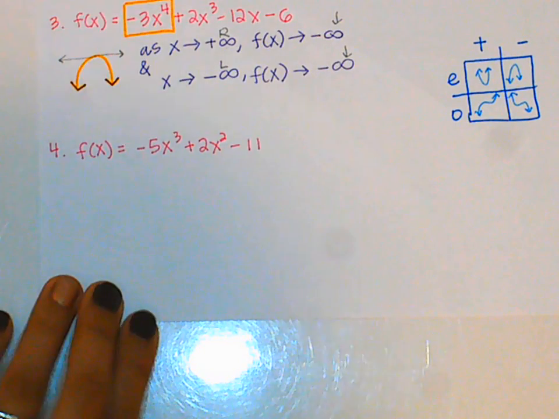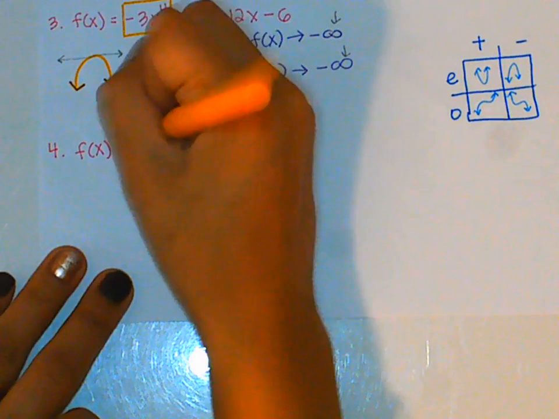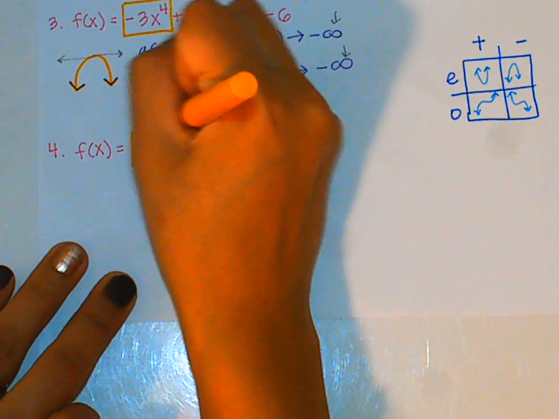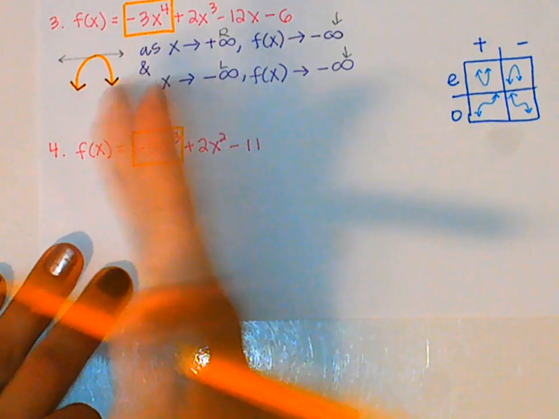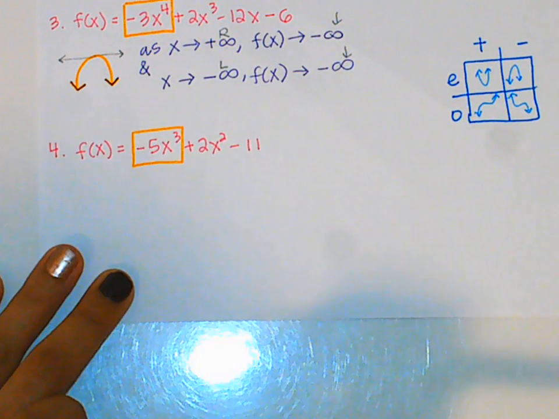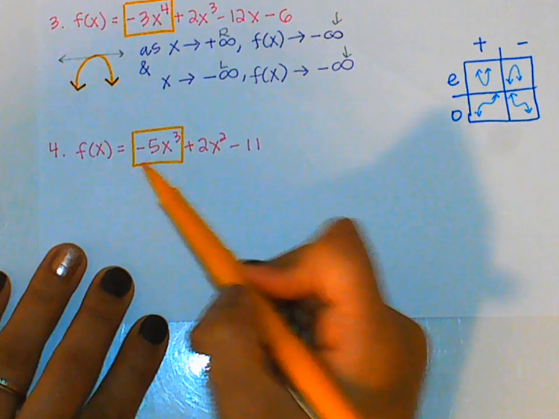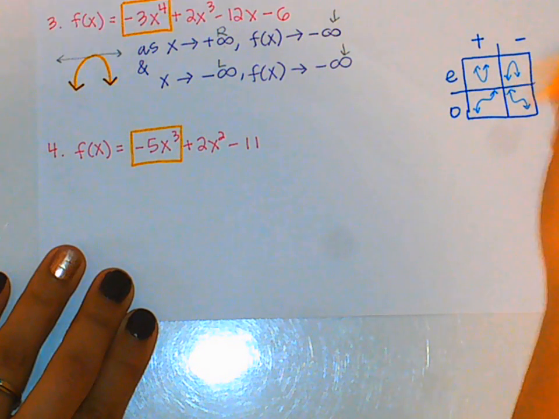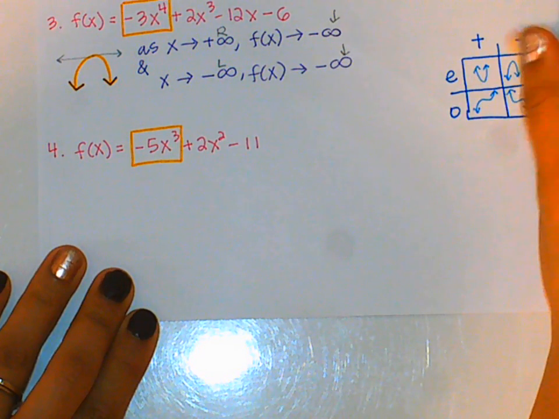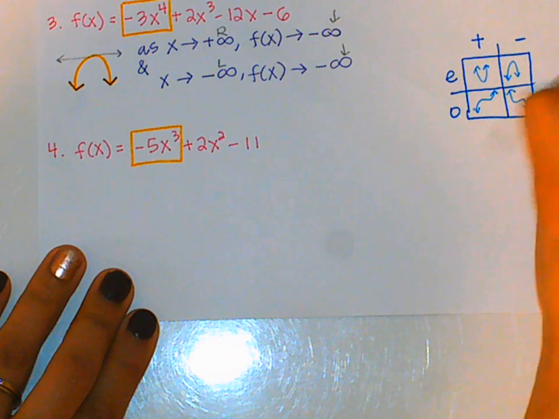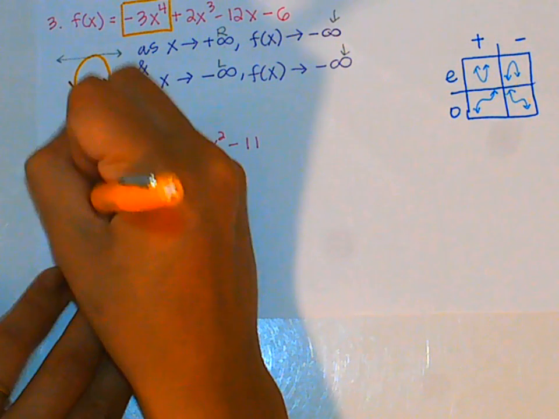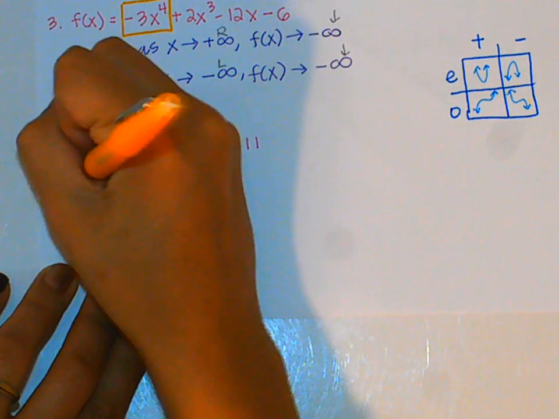And our last one is going to be this one. So again, I only care about this. I don't care about anything other than this part here. So again, I have a negative, so I'm going to be looking at these two, and I have a 3, so I'm going to go to the negative, the odd, which takes me to this one here. Like this.